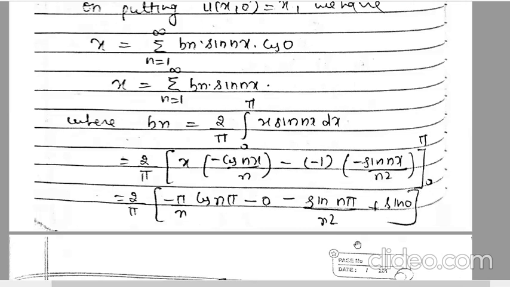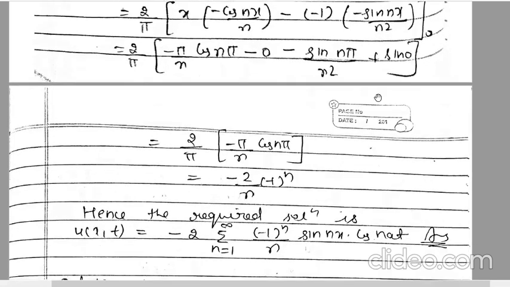After applying limits, the rule is upper limit minus lower limit. So for the upper limit, minus pi upon n cos n pi, minus the lower limit, which is 0 into this, so the whole will be 0. Minus minus plus, and again minus minus sin n pi upon n square plus sin 0.